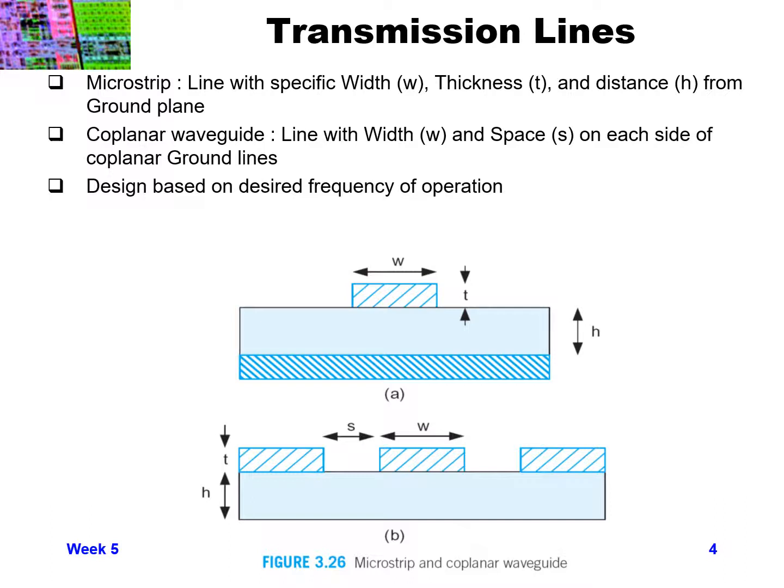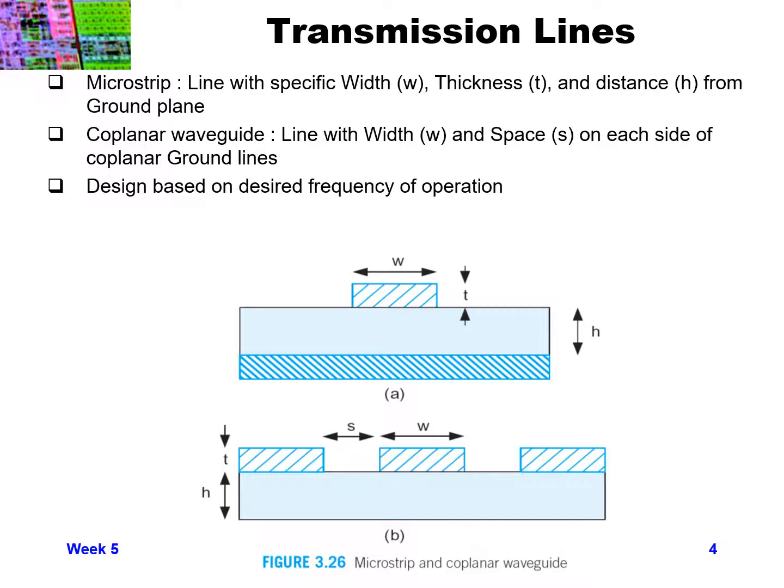For the coplanar waveguide, in addition to having a specific line width and space, instead of having a distance from a ground plane on a separate metal layer, you'll have a distance to the ground lines next to it.